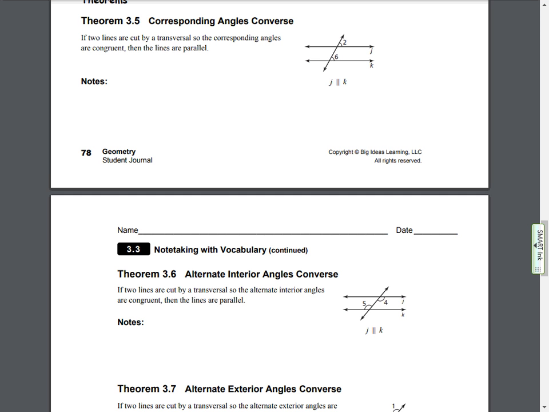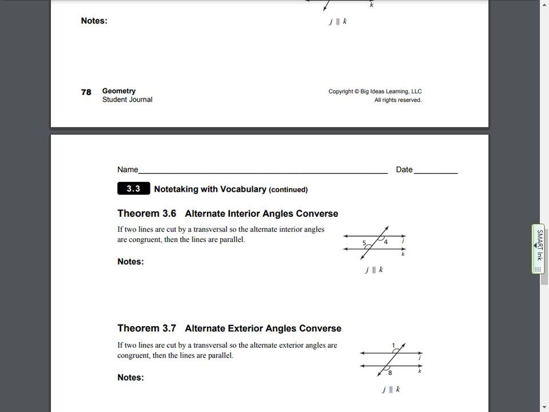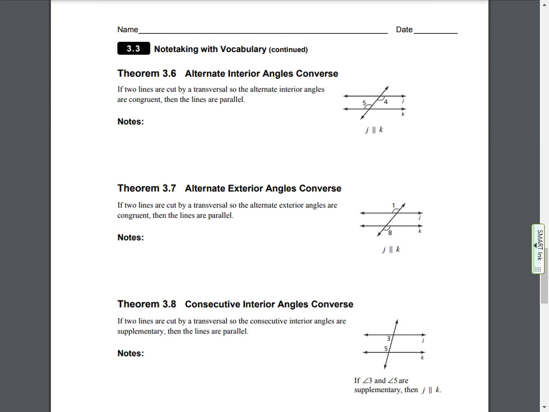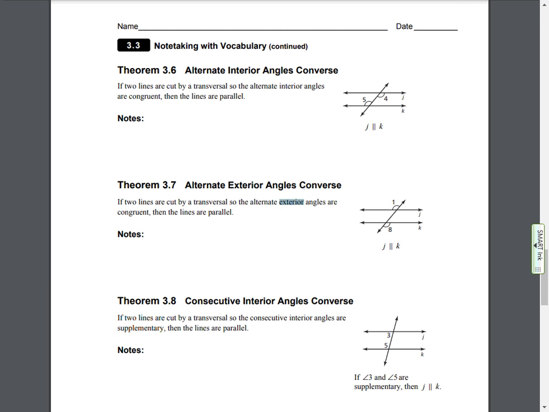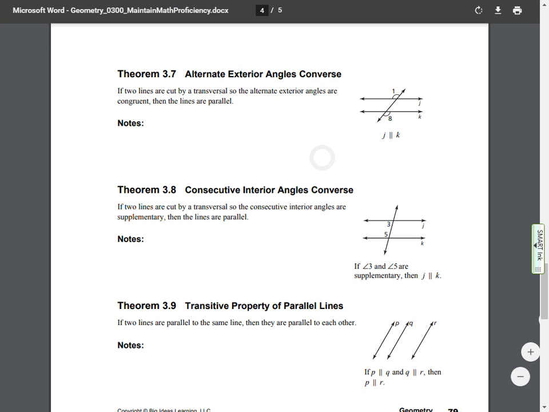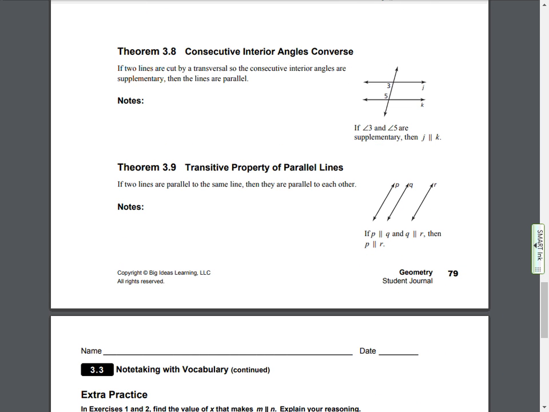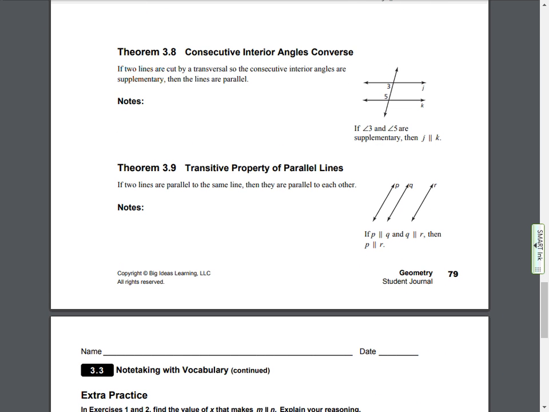Another converse, right? If the alternate interior angles are congruent, then the two lines are parallel. Alternate exterior, same thing, except with exterior. Consecutive interior, those angles are supplementary if and only if J and K are parallel.